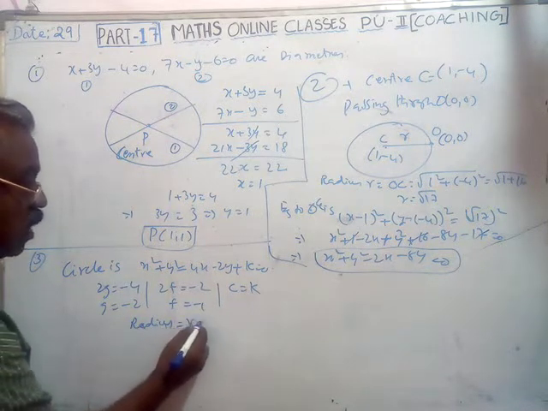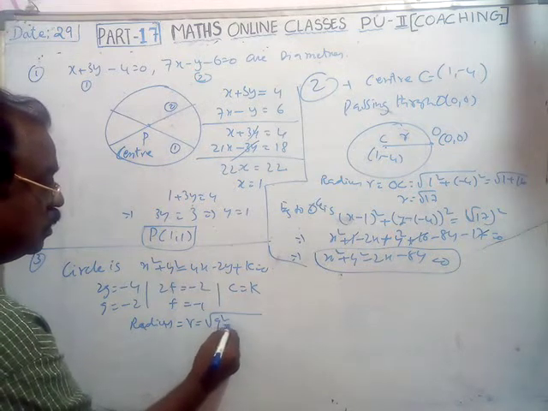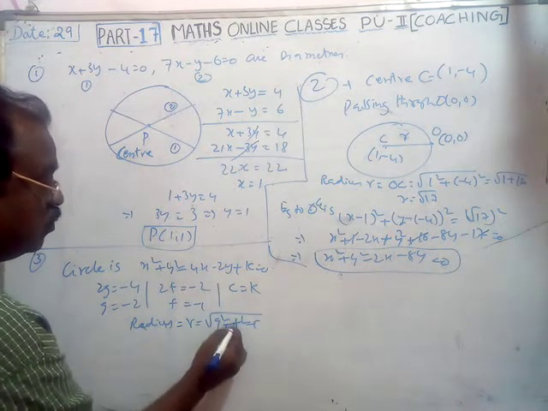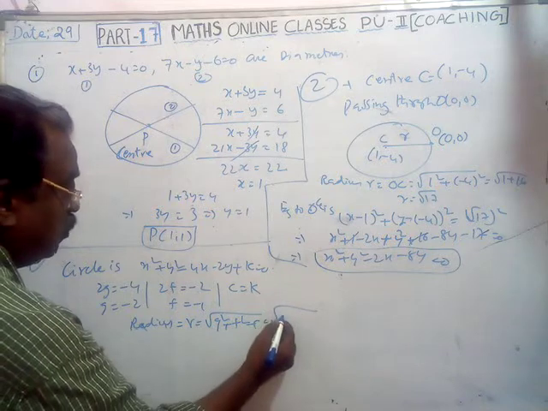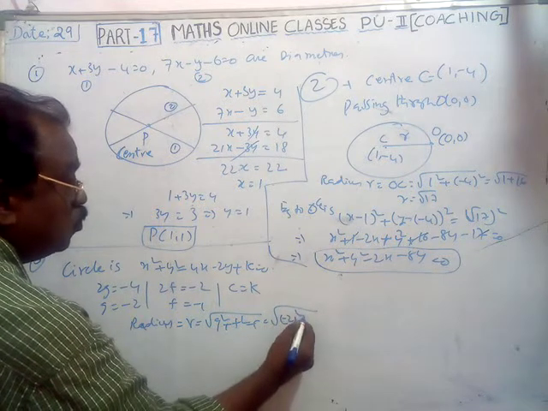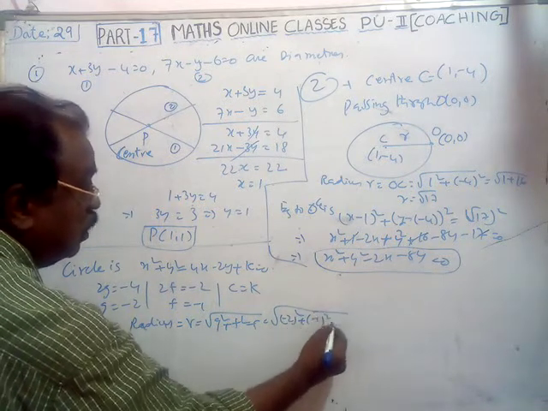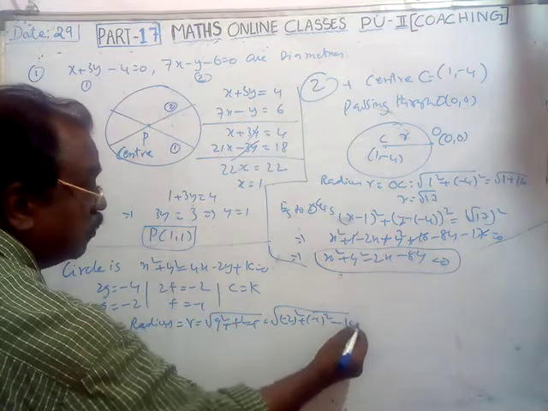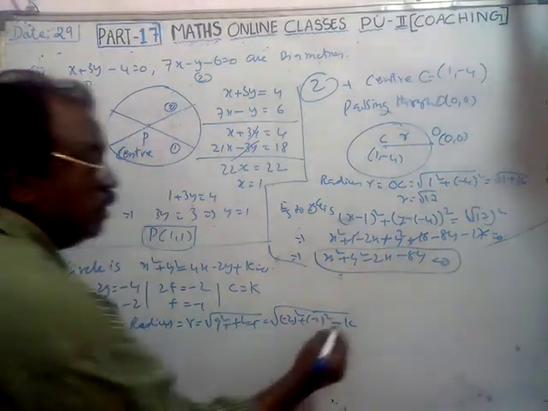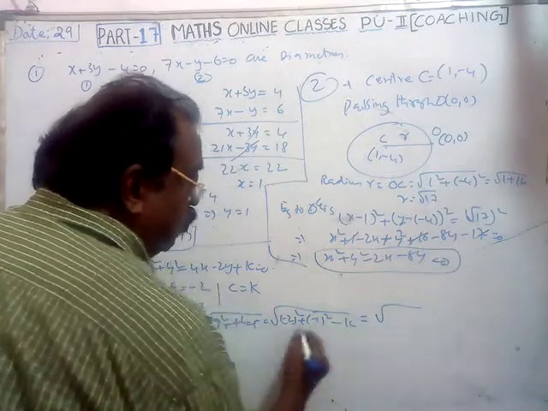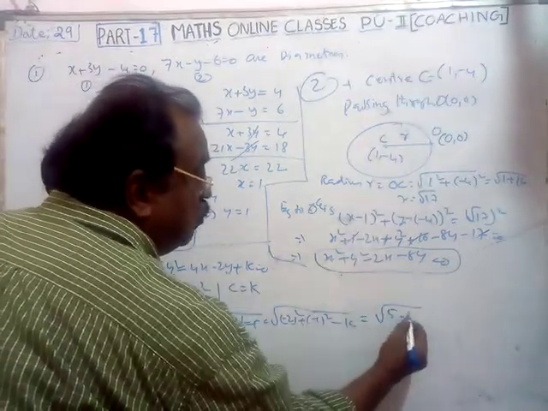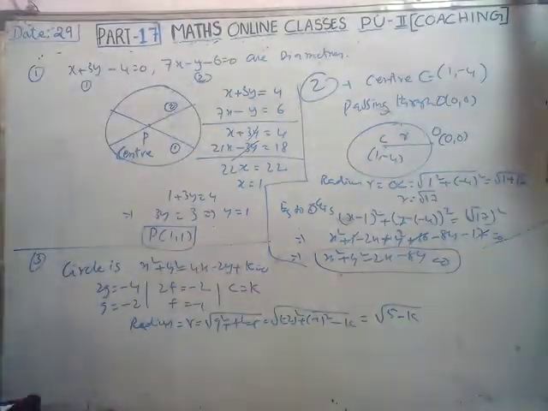The radius r is equal to root of g square plus f square minus c. That is root of minus 2 square plus minus 1 square minus k. It is nothing but root of 4 plus 1, 5 minus k. This is the radius r.